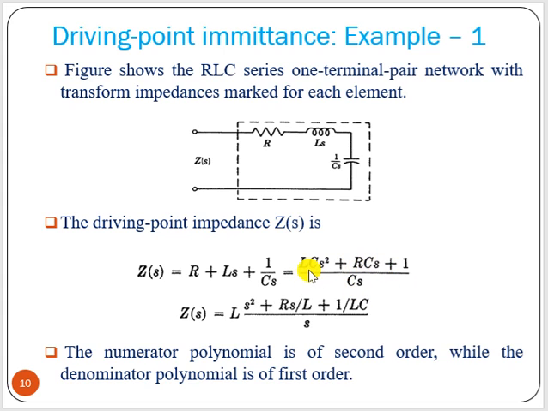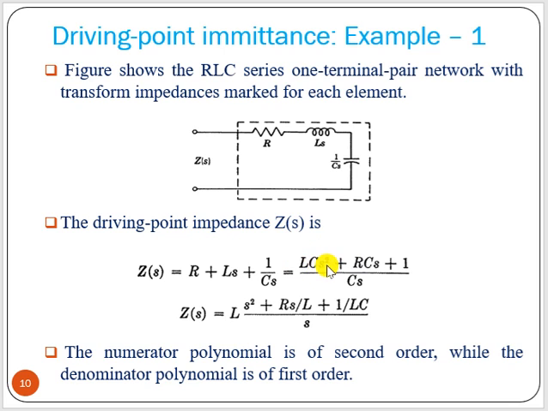Now for an immittance function, always try to make the highest power coefficient 1. S squared is the highest power in this case, so we make the highest power coefficient 1.